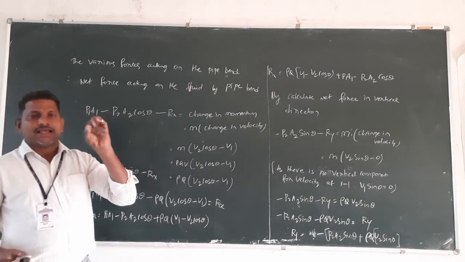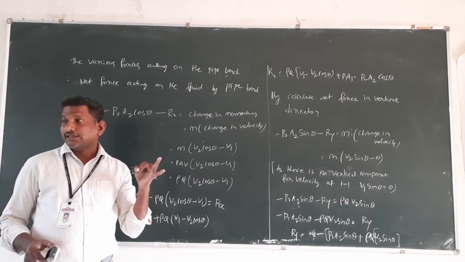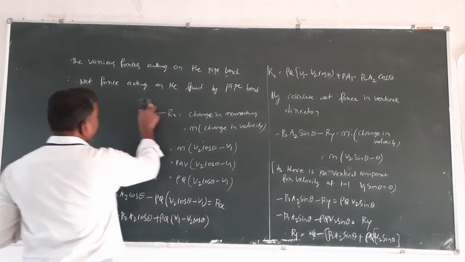So we have the horizontal component and we have the vertical component. So how do we find the total reaction?